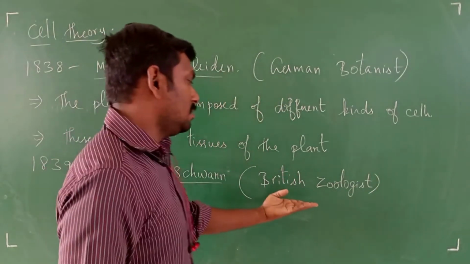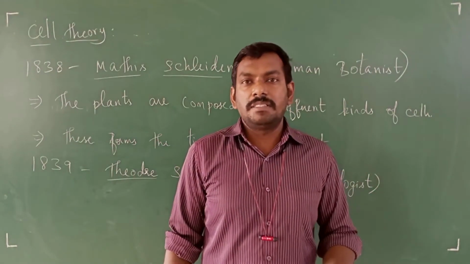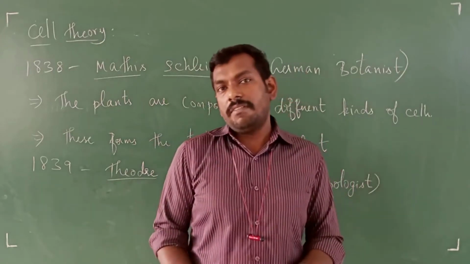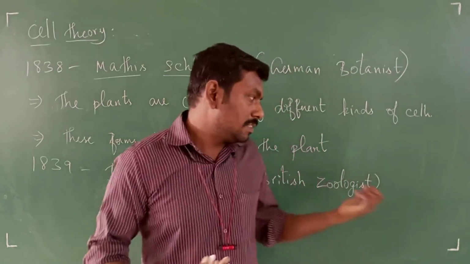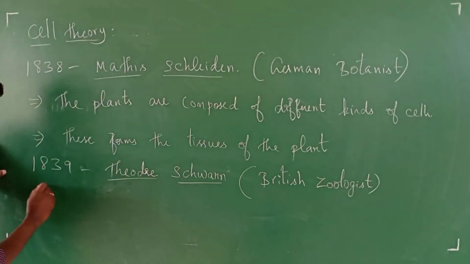Since he was a zoologist, he did his experiments on animal cells, and he found that animal cells have a thin outer layer called the plasma membrane.